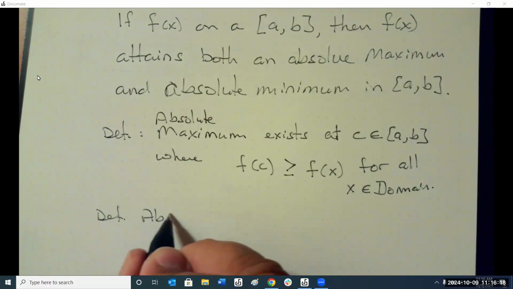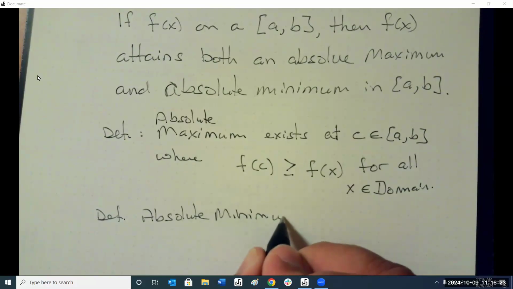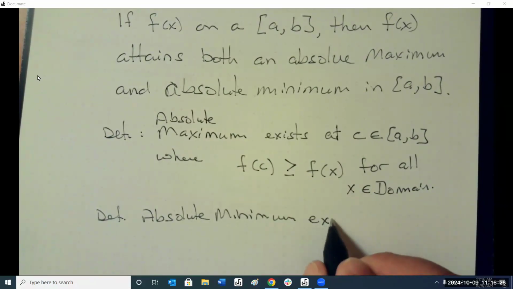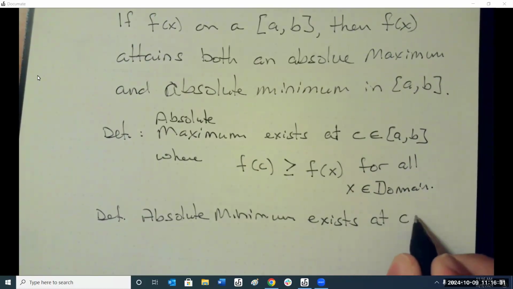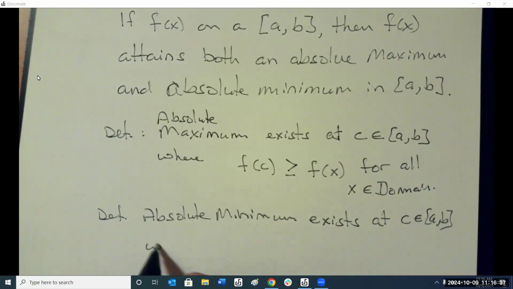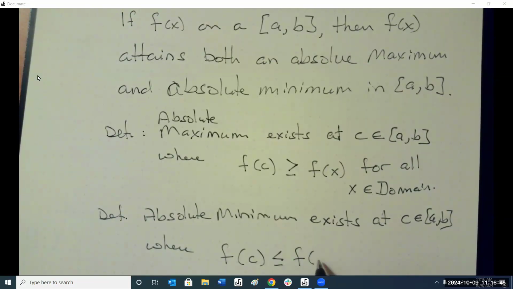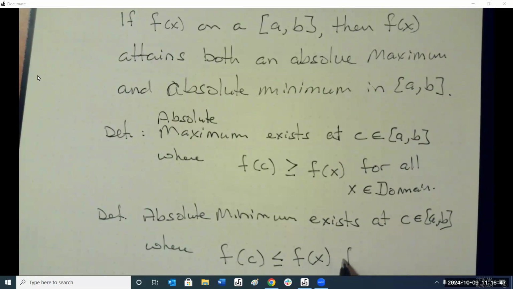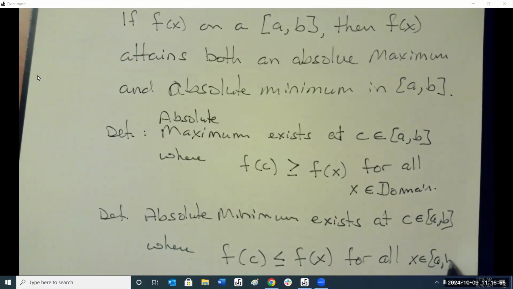An absolute minimum exists at point C, somewhere in the closed interval AB, where f of C is less than or equal to every other point, for all x in the domain.